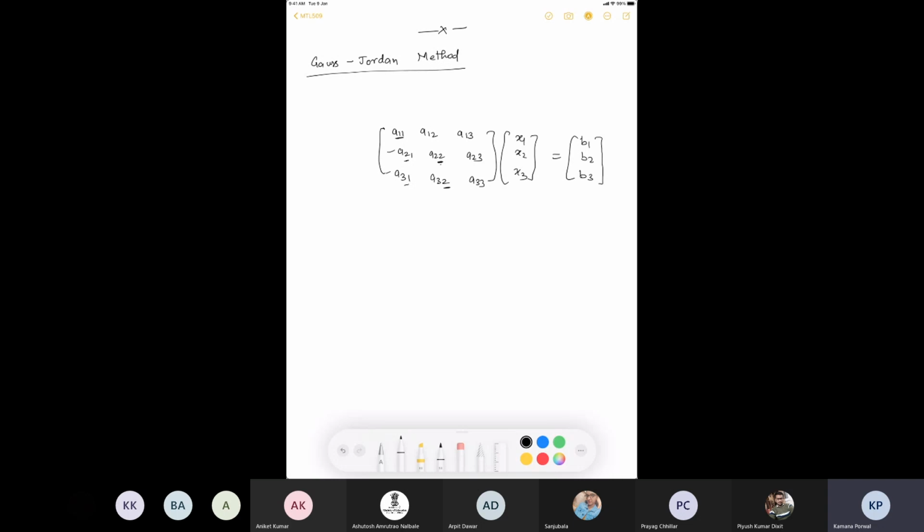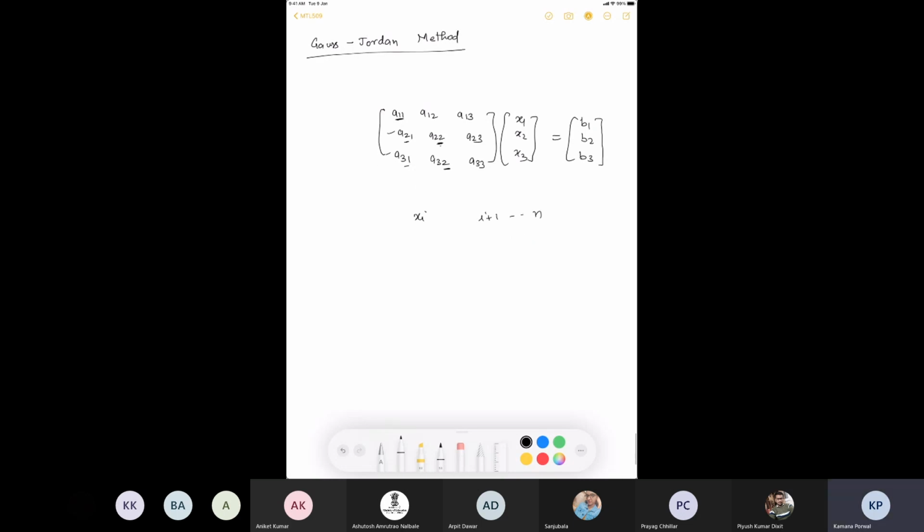Now, how does this method differ from the Gauss elimination? Suppose I'm eliminating x1, or in general, I'm eliminating xi from the equations i plus 1 to n. In Gauss elimination, I eliminate only from the equations i plus 1 to n. Rather, in Gauss-Jordan I'll be eliminating from all the equations other than the ith equation. That's the difference.